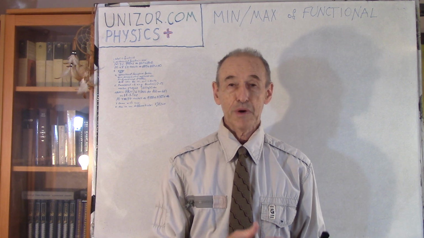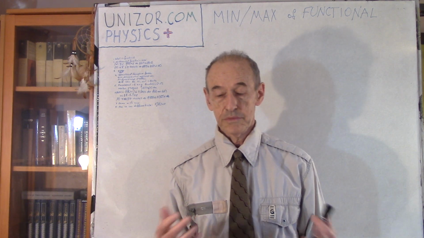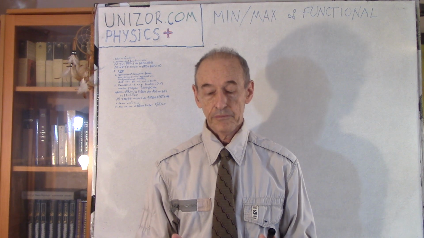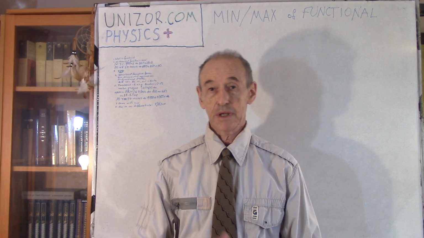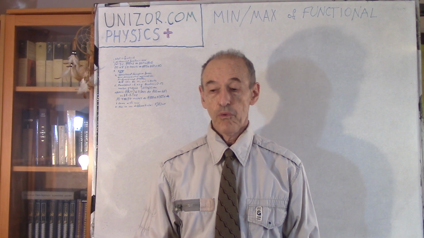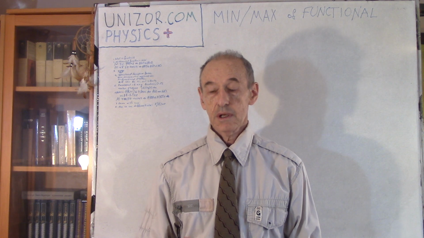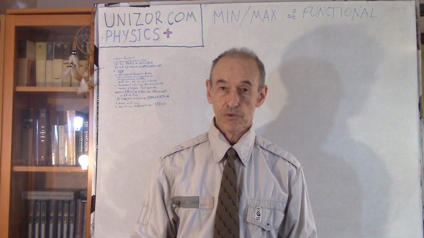Calculus for functions primarily appeared from the need to find out the behavior of the function, its maximum, minimum, increasing, decreasing, etc. For functionals, calculus of variations plays exactly the same role.